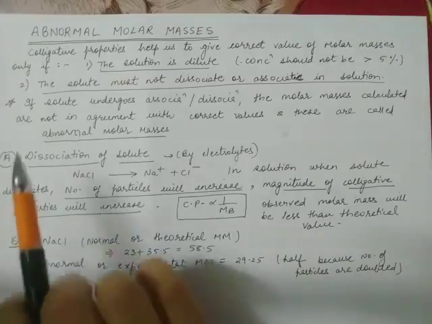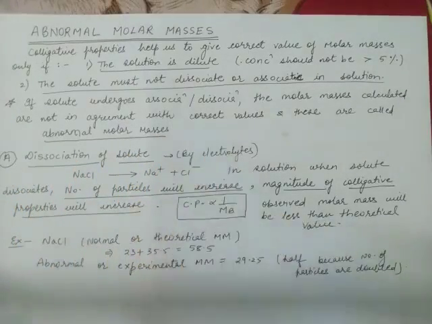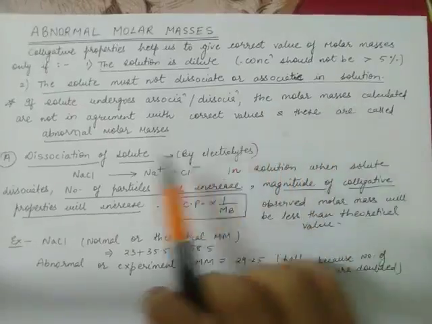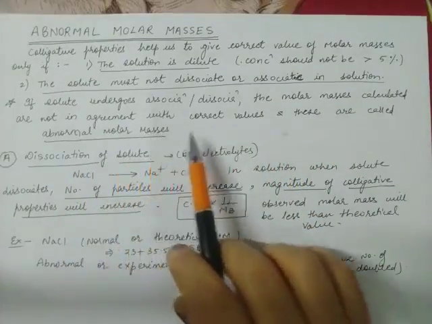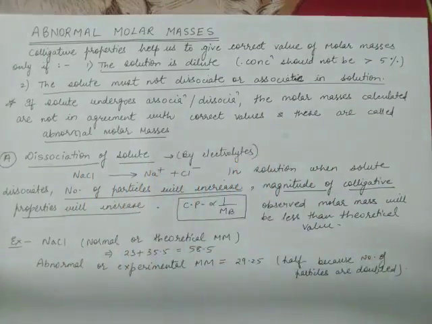If the solute undergoes association or dissociation, the molar masses calculated are not in agreement with the correct values, and these are known as abnormal molar masses. So if the solution is not dilute and if the solute undergoes association or dissociation, whatever molar mass we calculate by using the formula will not be correct, and that is known as abnormal molar mass.